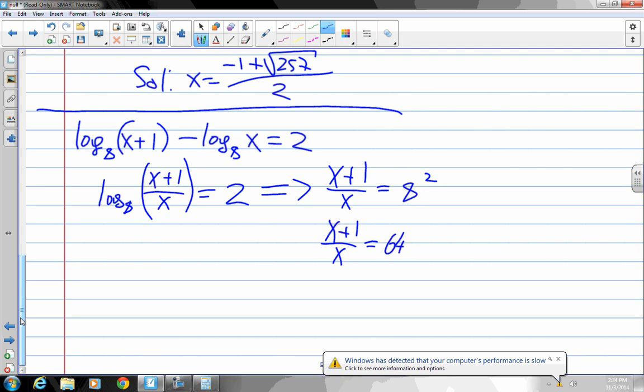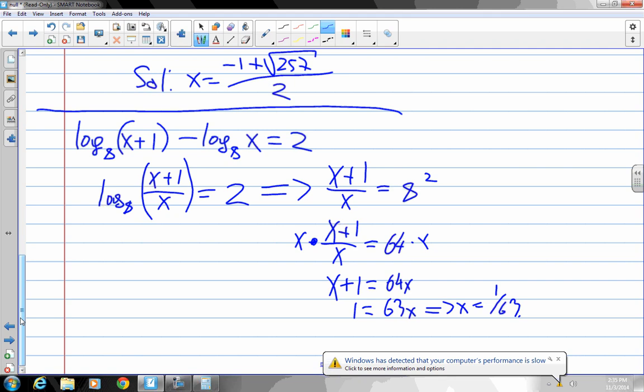Multiply both sides by x. So you just get x plus 1 equals 64x, so 1 equals 63x, x equals 1 over 63. All right? So that's what happens when you have a log on one side and a constant on the other side. So that's that one type of equations.